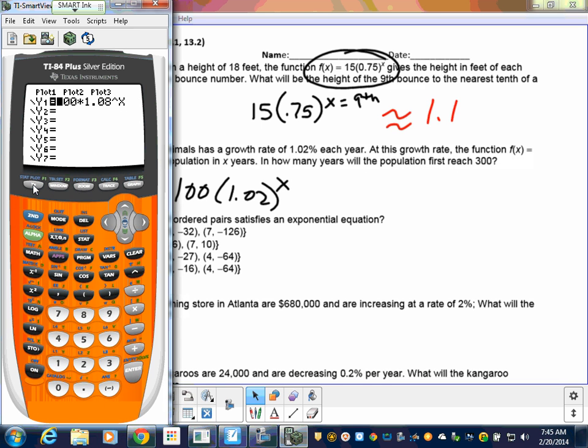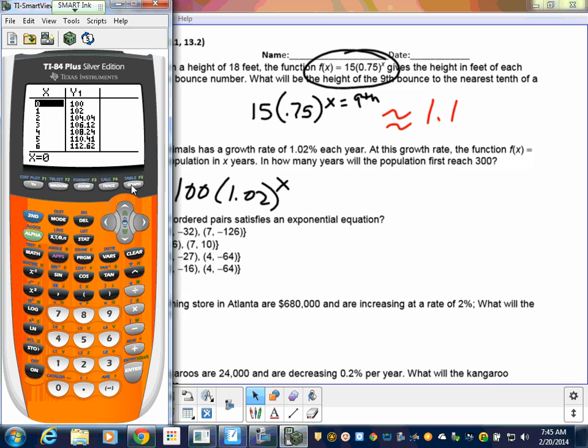If you've got one of these bigger, fancy TI calculators, you can go a little bit different and create a model out of this, and put in 100 times 1.02 to the x. Instead of having to go through every single process, you guys with those yellow calculators have to just keep plugging the numbers in.